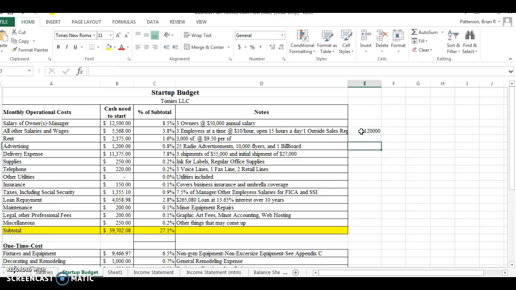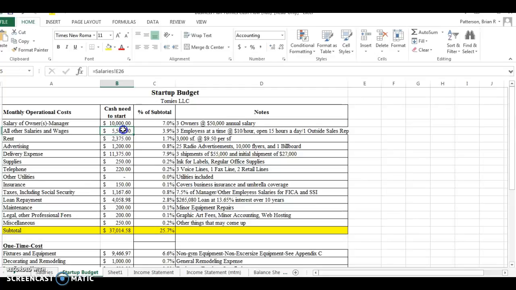That would be $120,000 for the year. I have to divide $120,000 by 12 months to find out how much I'm doing per month. So it'd obviously be $10,000, but it's equals 120,000 divided by 12.